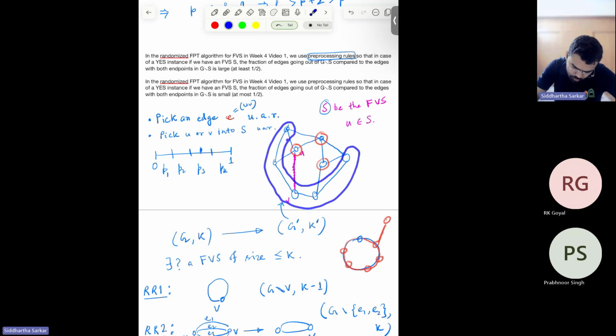So 1, 2, 3, 4 edges are within G minus S.